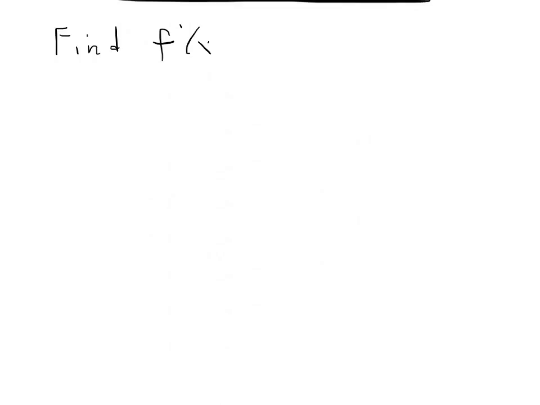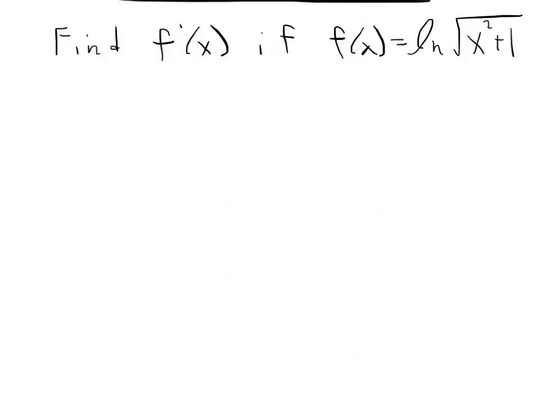Find f prime of x if f of x is the natural log of the square root of x squared plus 1. Right, so we want to find the derivative of this thing. So I'd encourage you to think about how this could be simplified before you attempted to take the derivative. So again, if you want, try that one on your own.